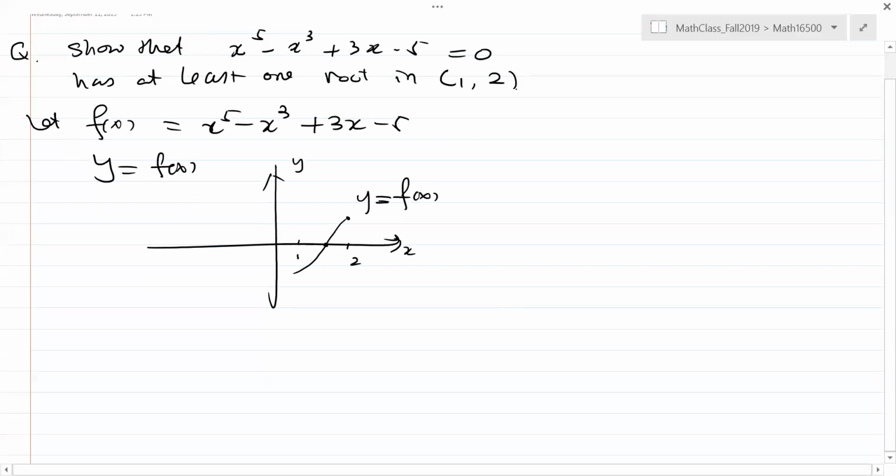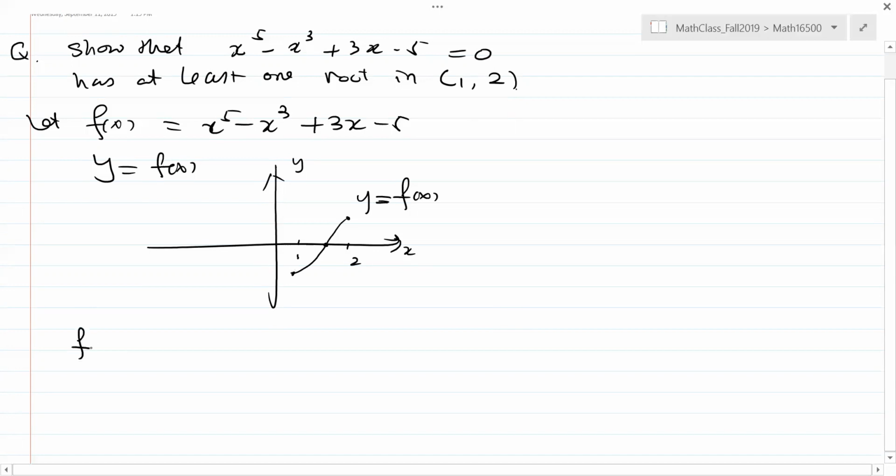Now, how do you prove this? All you have to do, by the intermediate value theorem, is show that the values of the function at the two endpoints of the interval have opposite signs, right? One is maybe below the axis, the other one above the axis.